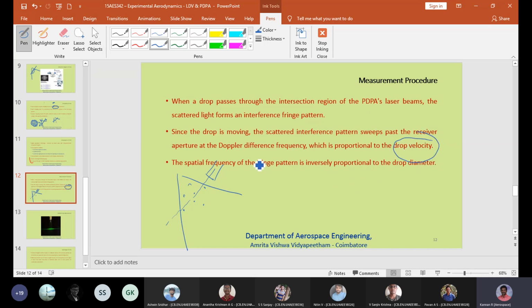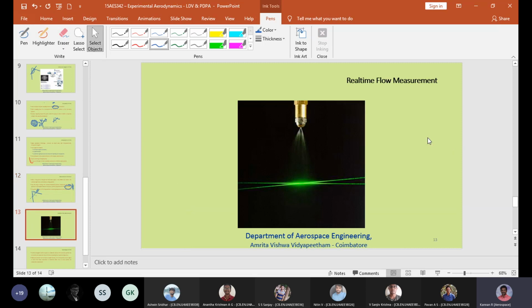Also, the spatial frequency of your fringe pattern is inversely proportional to your droplet diameter. This is the physics associated with the laser Doppler shift effect. Using these two things, we can measure the velocity as well as the size of the droplet.